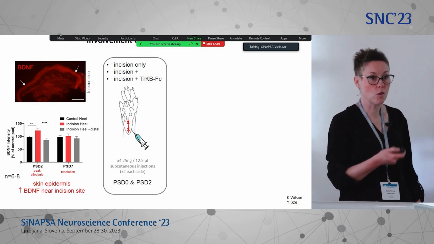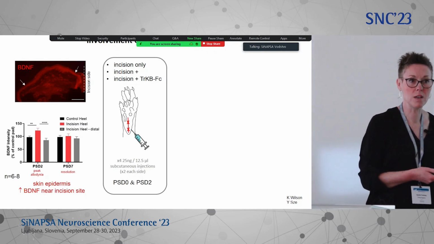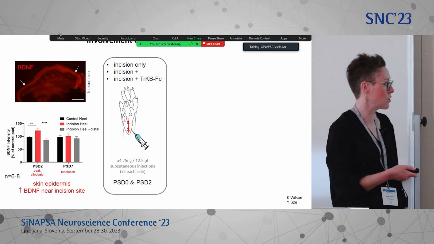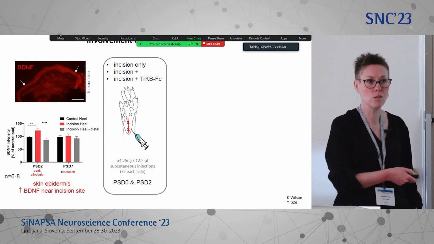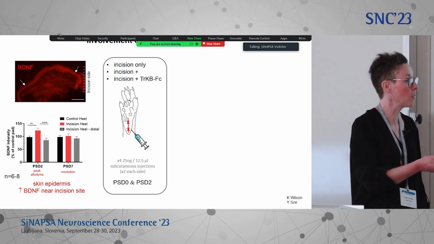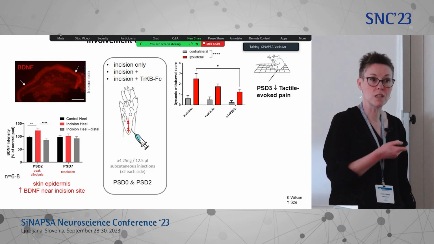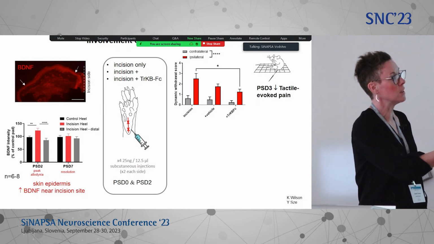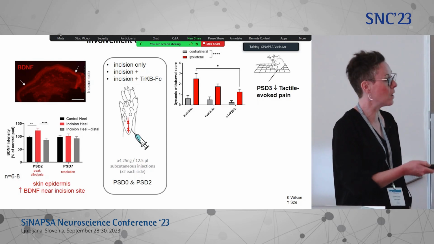To test the requirement of this signaling, we used a TrkB-Fc chimera to sequester BDNF around the incision site, both on the day of surgery and again on post-surgical day 2. Interestingly, when we look at post-surgical day 3 with behavior, we see a reduction in the tactile evoked pain behaviors.